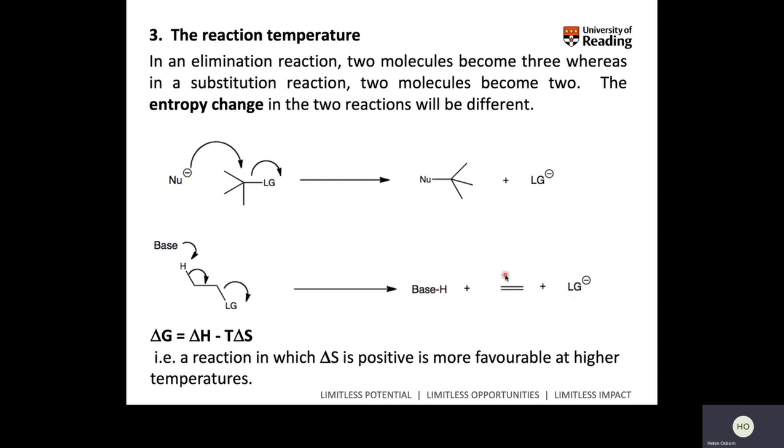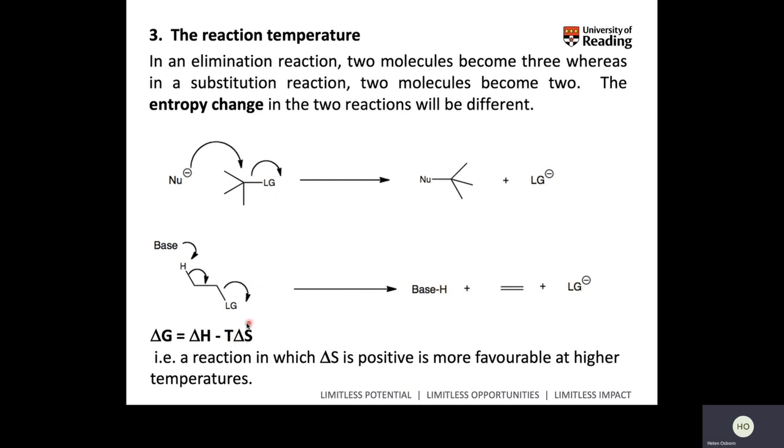We've made our alkene, that gives us the second molecule, and we've kicked out our leaving group, which gives us our third molecule. So for elimination, we've got two molecules on the left, giving us three molecules on the right. So we're creating more molecules from our reaction than we had in our starting materials, and therefore we are creating entropy, we're creating chaos. So for the elimination reaction, the delta S is going to be larger than for the substitution reaction.